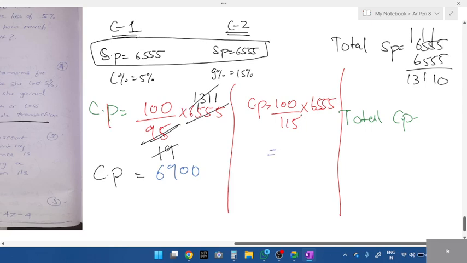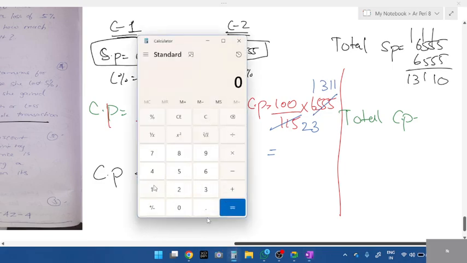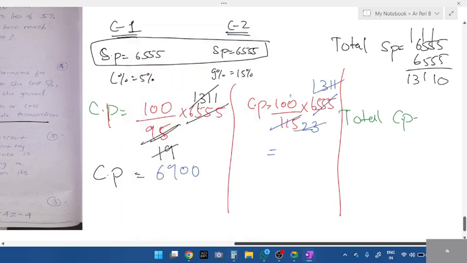Next. 115. How many times it goes? 5 into 1,311. So if you reduce 23 and 1,311, what's the answer you got? 5,700. Okay, you should get 5,700, students.